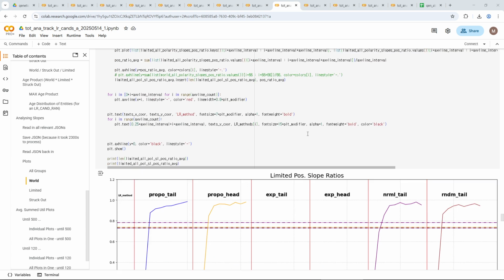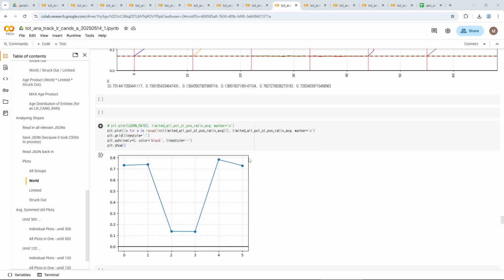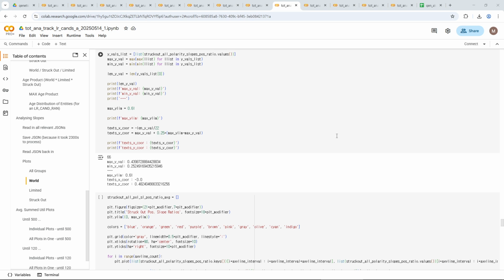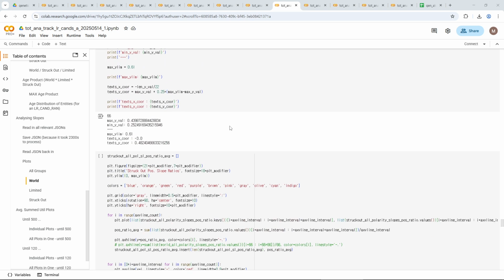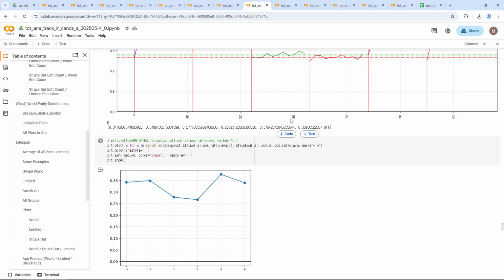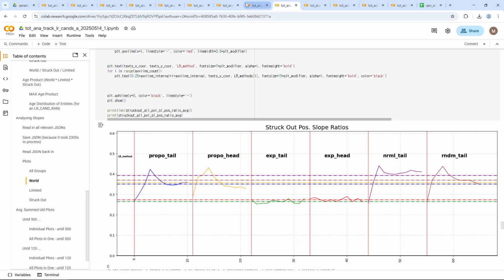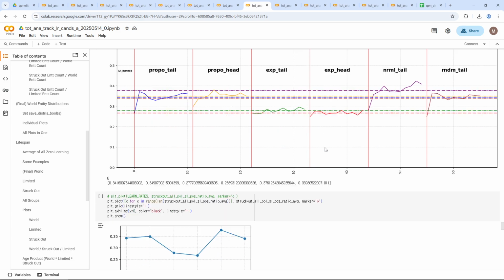For the limited entities, almost the same. It looks like a cow, a bull rather. For the struck out entities, see, this is almost identical. No, not that identical, but the overall pattern is the same.